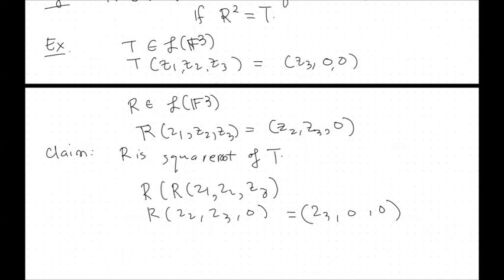So this part here will go to this part, so this is our new input.